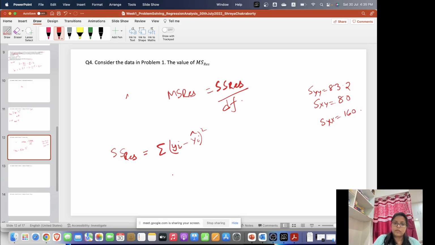So this comes out to be SYY minus beta 1 hat SXY. Anybody remembers this? SYY, sorry.